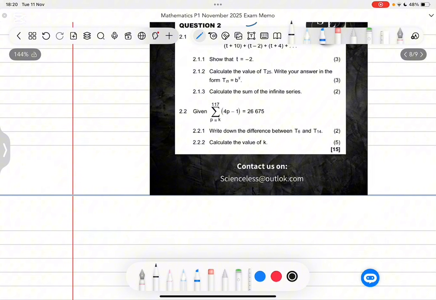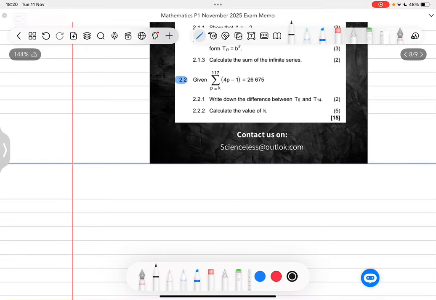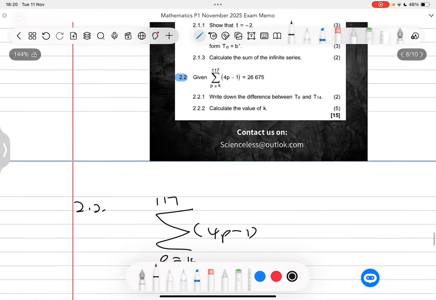Now, another set of questions that we have to look at is 2.2, where we are dealing with sigma notation. Under 2.2 we are given the sigma notation of 4p minus 1, from p equals k to an upper bound of 117.